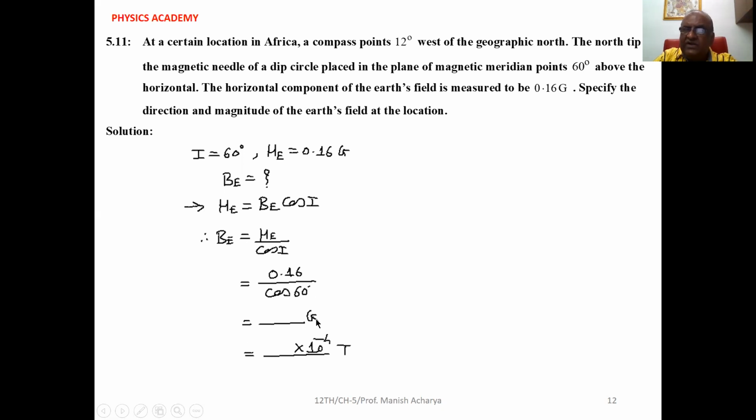Solve this one, you will get magnetic field in terms of Gauss. Then multiply it by 10 raised to minus 4. You will get the answer in Tesla. So this is the magnitude of the magnetic field. And for direction, you have to write the direction of the magnetic field, that is at 60 degrees above the horizontal direction. Clear to all of you?